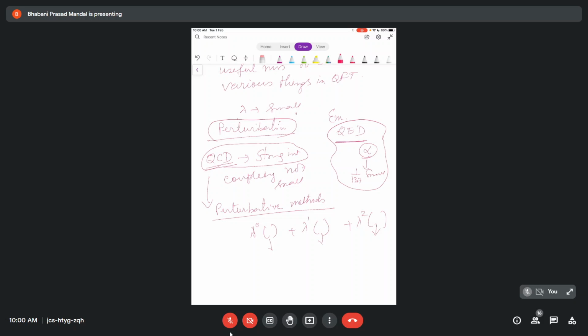Now you have infinite degrees of freedom, so calculating these quantities will be extremely difficult. So Feynman gave a diagrammatic approach to calculate this. I'll first motivate you, and why we need to calculate, then we'll do these calculations. So maybe I'll stop here unless you have some quick question.